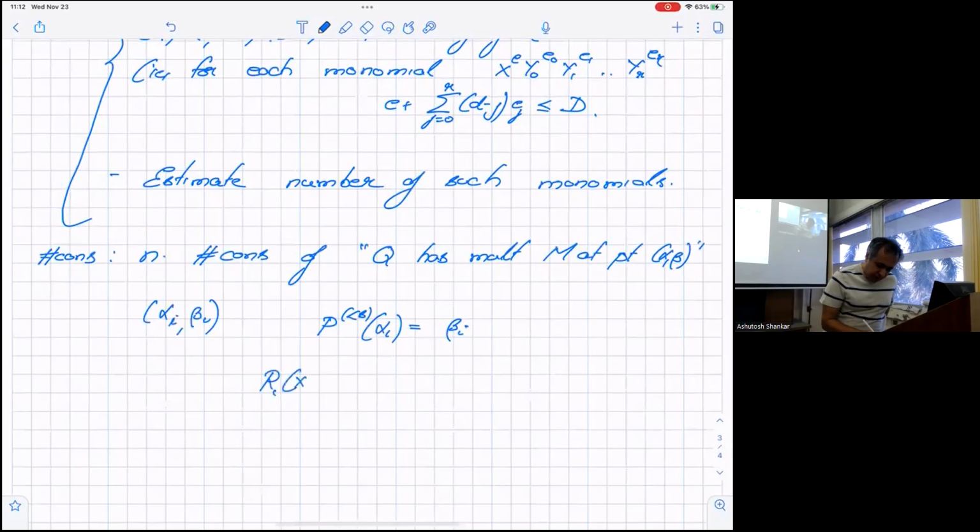Let's define this polynomial Ri of x to be the summation of beta i, the jth location of it, times x minus alpha i to the power j, going from 0 to s minus 1.